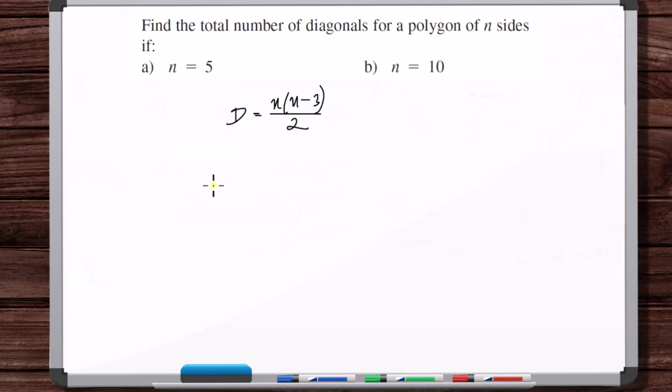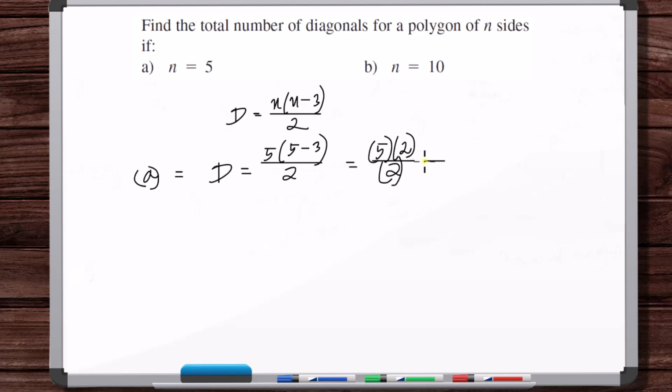Okay. So, all right, if n is equal to 5, then we've got 5 times 2. So D is equal to 5.